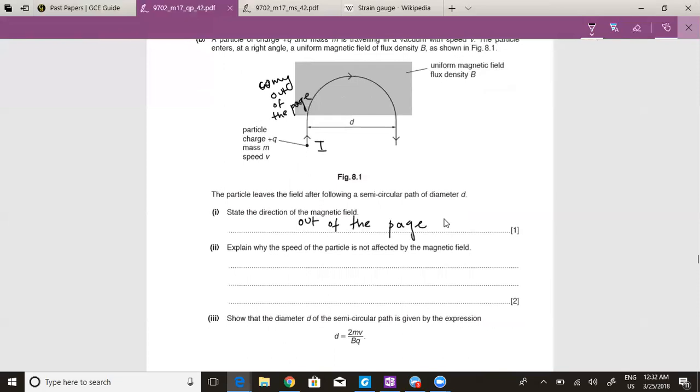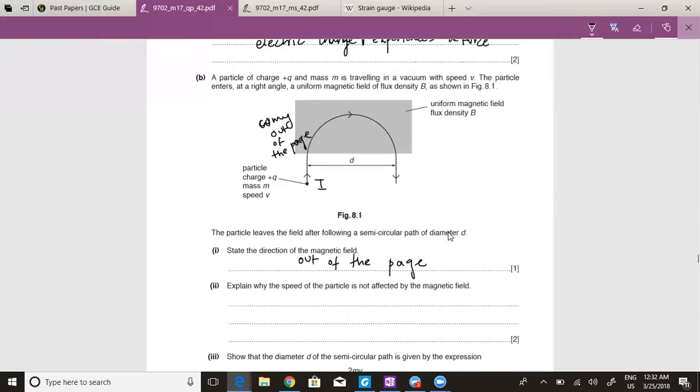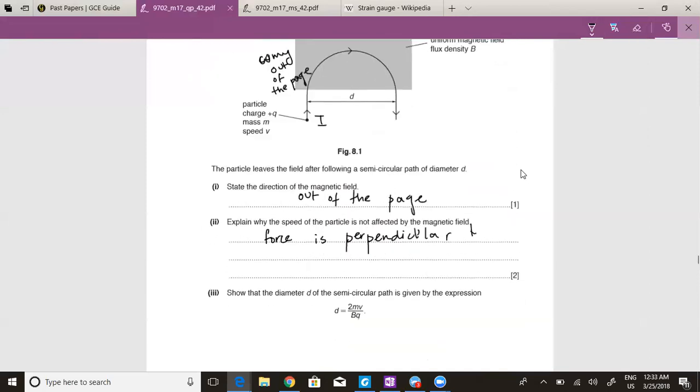Explain why the speed of the particle is not affected by the magnetic field. Again, note that the force is perpendicular to the motion. If it moves this way, then the force is like this. So if the force is perpendicular to the motion, the velocity component is not affected at all. The only thing that can happen is circular motion in such a case.